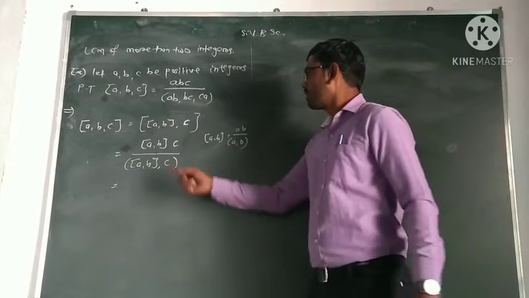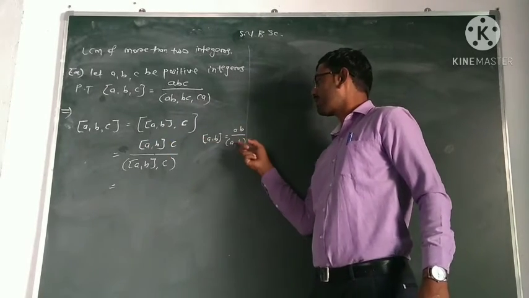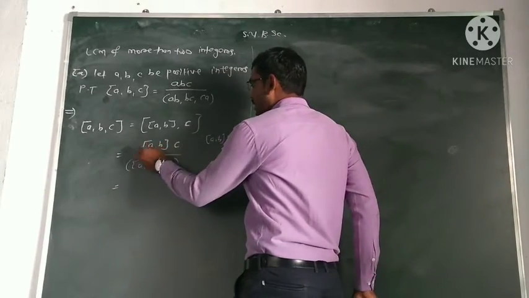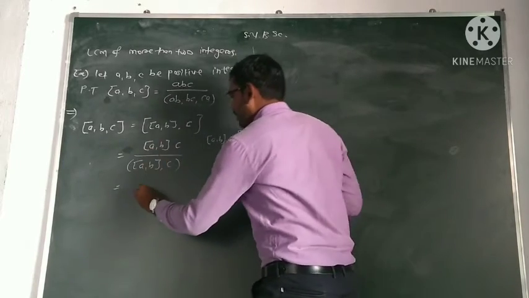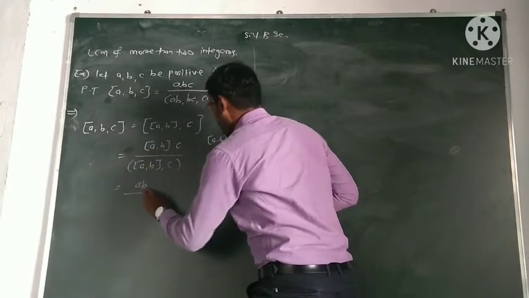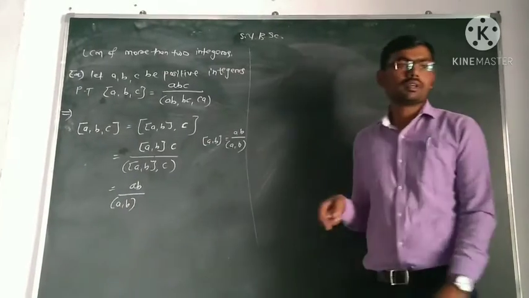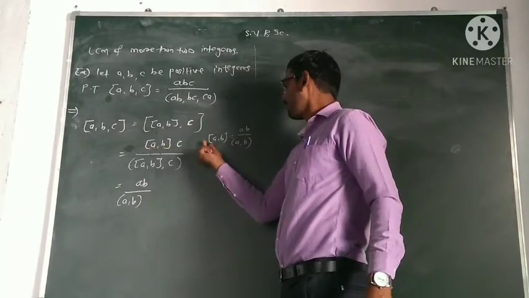Now again we can put this value. We know the value of the LCM of AB is equal to AB upon the GCD of AB. Put this value here. So this value is A into B upon the GCD of A and B. This is the value of the LCM of AB.